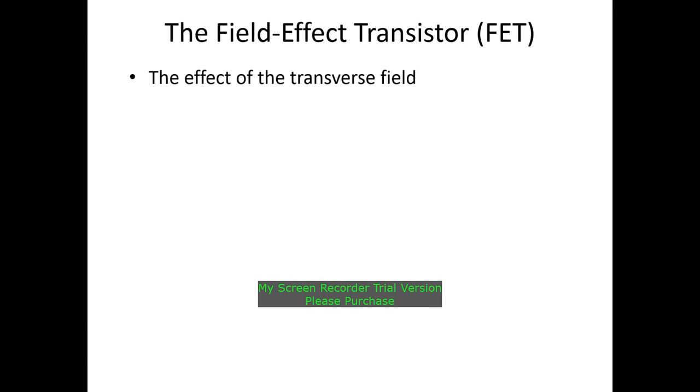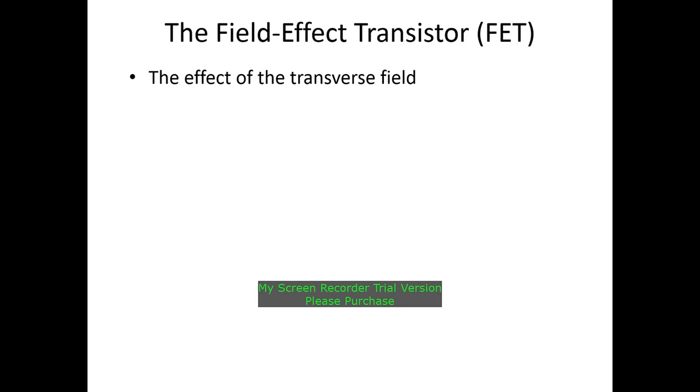The principle of the FET is that the depletion layer forms at the junction due to the diffusion of free carriers across the junction. The depletion layers will reduce the width of the conduction layer, the N-type layer, and hence reduce the conductance of the device, because the depletion layers do not contribute to the conduction process.